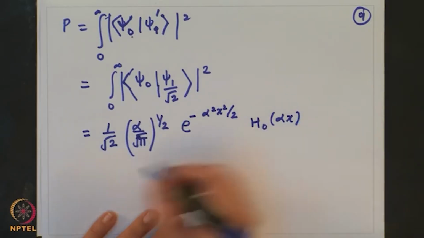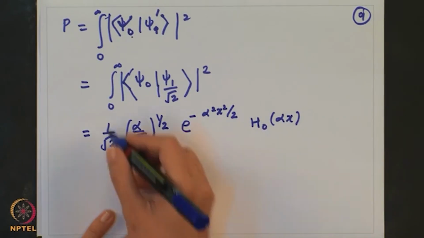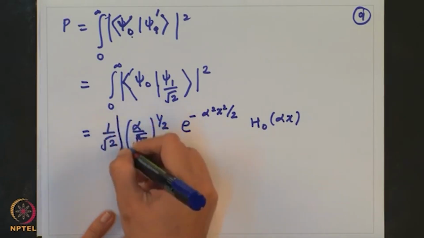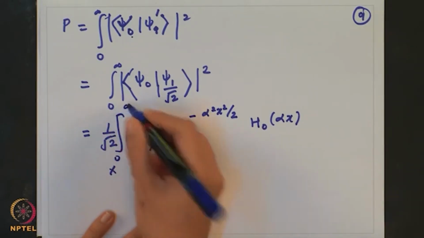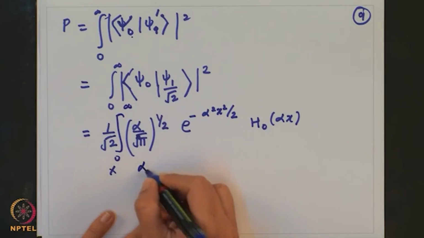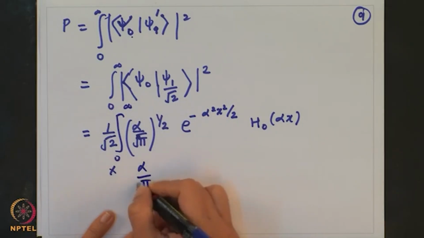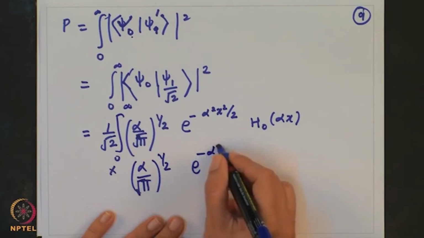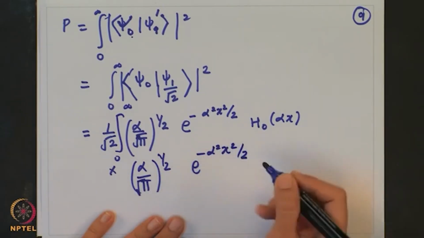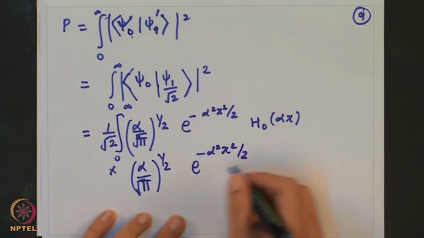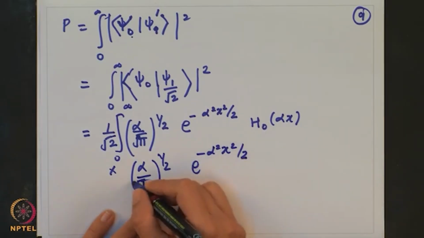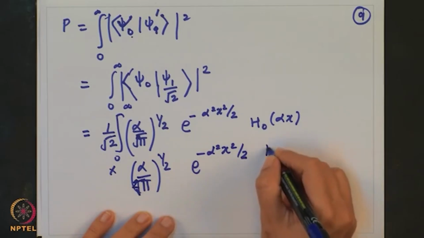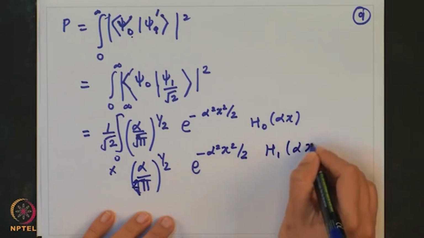So, I have multiplied by, so I have integral 0 to infinity. I will just write here alpha upon square root of pi the whole raised to half e raised to minus alpha square x square by 2, and I have a factor of 2 here, and this will be h1 alpha x.